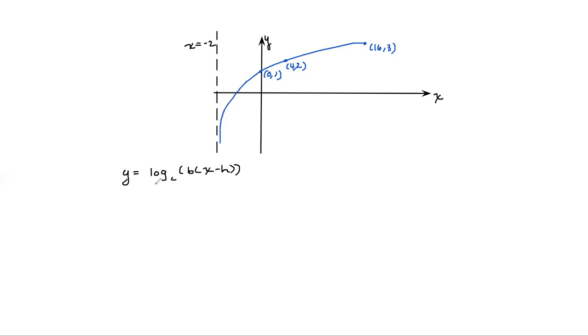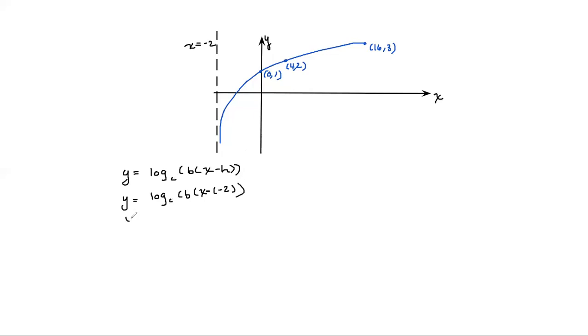In this case, we don't have a k and we don't have an a. So all our transformations are b and h, and we're trying to find the values of b, h, and c. We've already found h, since h is basically our asymptote. So let's go ahead and write this down. I have log c of (bx minus, the value of h is -2).